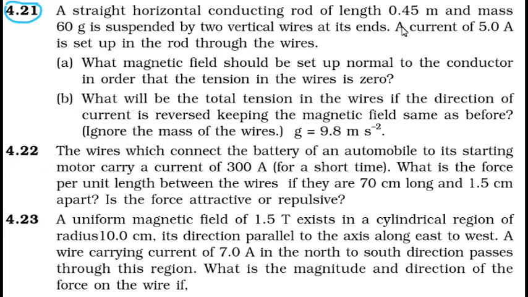A current of 5 ampere is set up in the rod through the wires. A. What magnetic field should be set up normal to the conductor in order that the tension in the wire is 0? Let us see the A part first.